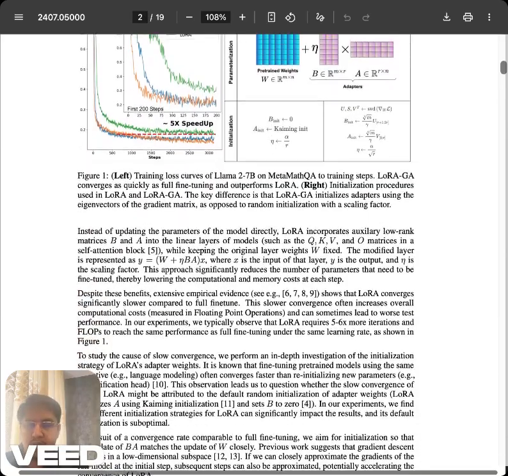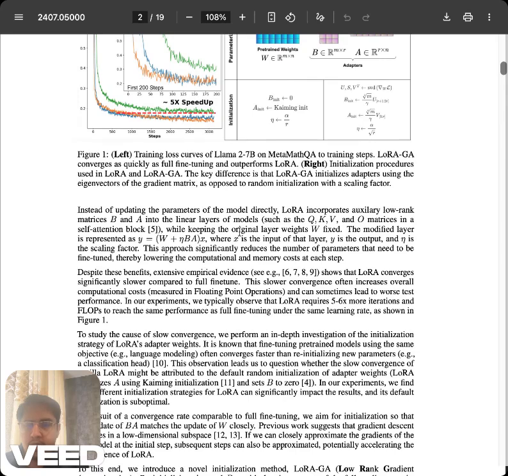Moving on, they've discussed how LoRA works, and LoRA usually represents the modified layer outputs as y equals (W plus eta times BA) x, where eta is the scaling factor. And eta here is taken as alpha by r. The reason it's taken this way is because eta tends to keep proper scales while keeping the final prediction output rank agnostic.